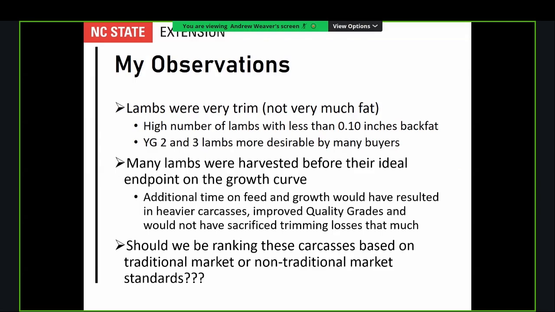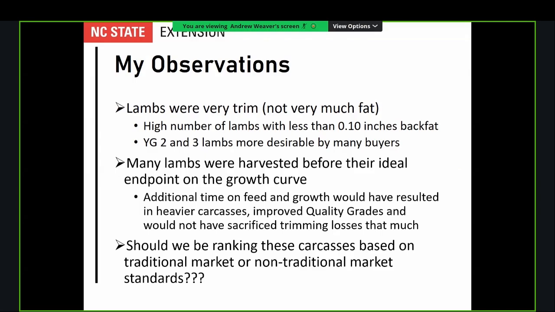One thing I'm always careful about is that ribeye area measurement. It's really easy to brag and say, oh, I had the biggest ribeye area. Well, that's great, but did you have the biggest carcass? Was it the smallest carcass? Ribeye area is highly dependent on carcass size. If you have the biggest ribeye area but also the biggest carcass, ribeye area on a per pound of carcass weight basis might not be the biggest.